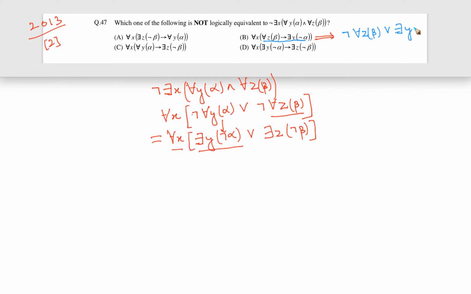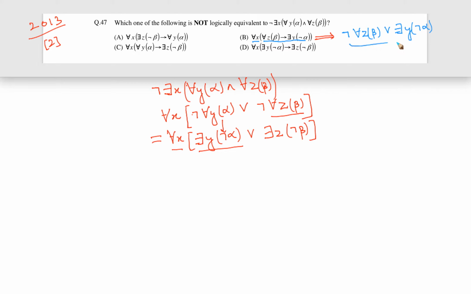Understood, right? A implication B is not A or B, so I have taken not of the first thing, or the second thing as it is. So there exists y and not alpha, right? Now we have to see that this part for all x is definitely matching.